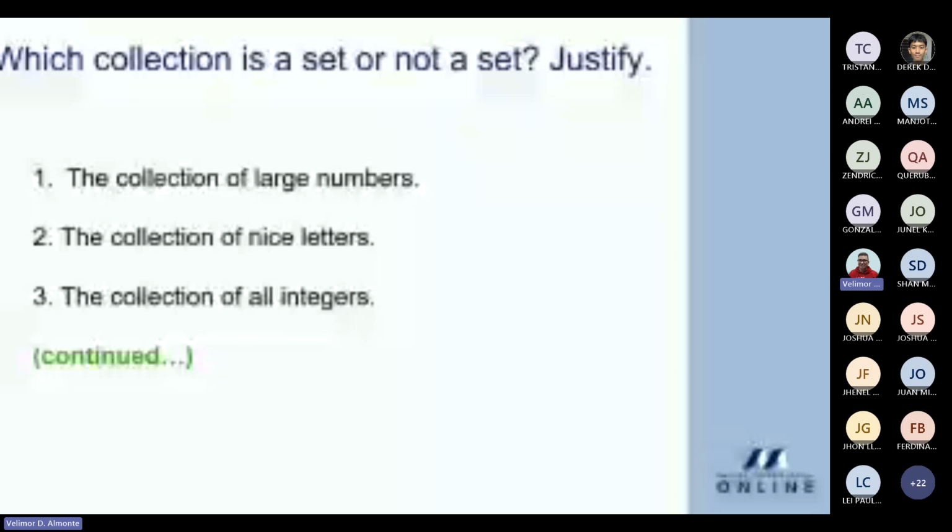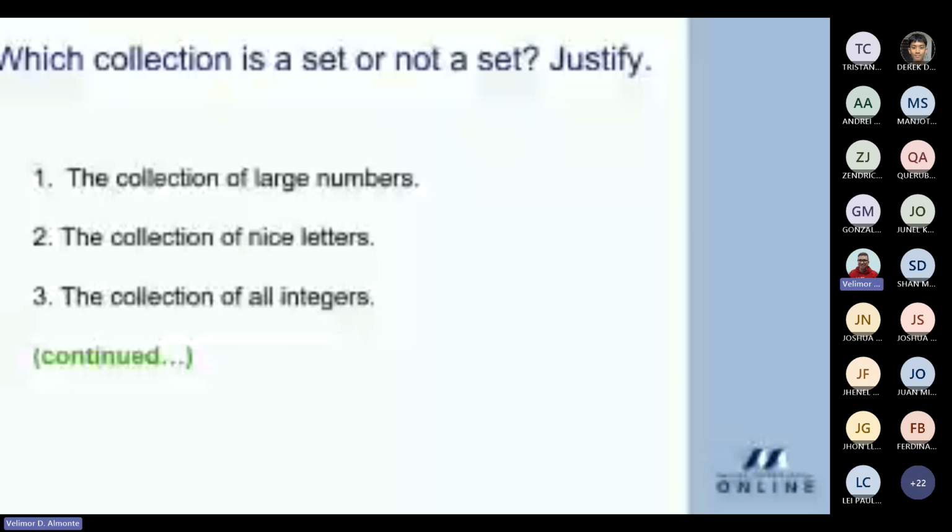Okay, from Manjot, 1 and 2, not a set. 3 is a set. How about the rest? Ano yung 1 and 3 na yan? A set.